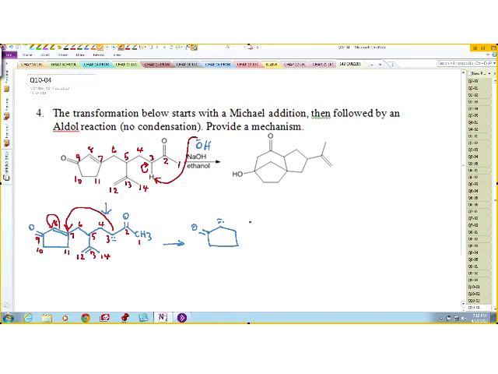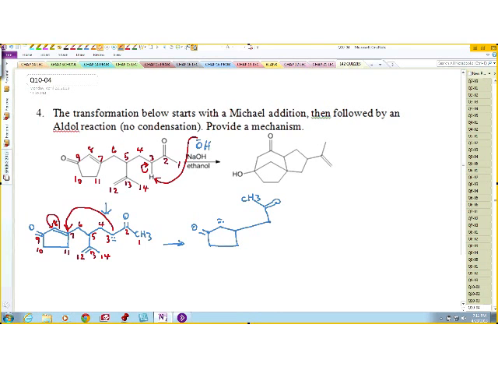From the enolate right here, we have this carbon number 7 attached to carbon number 3, okay? Okay, this is carbon number 3, this is carbon number 7.